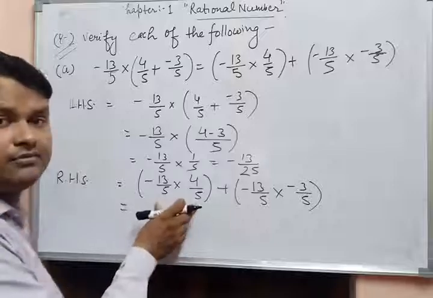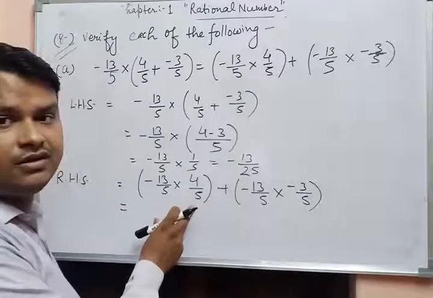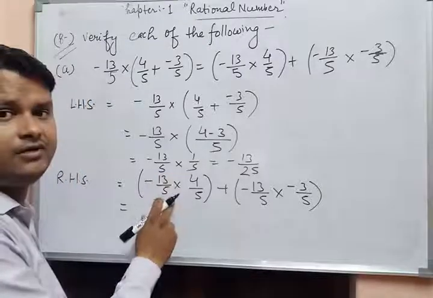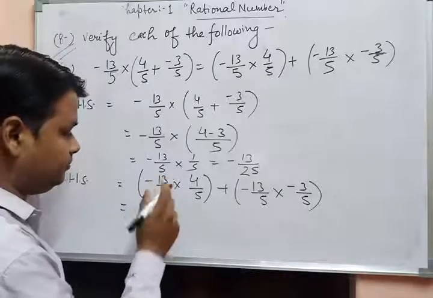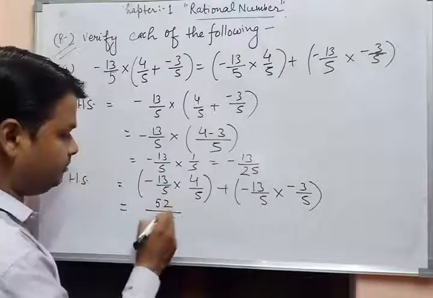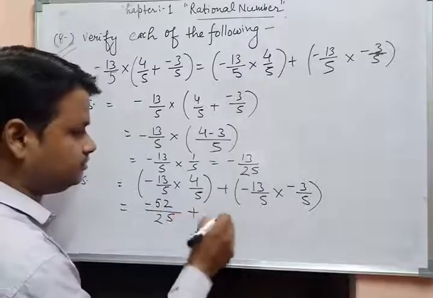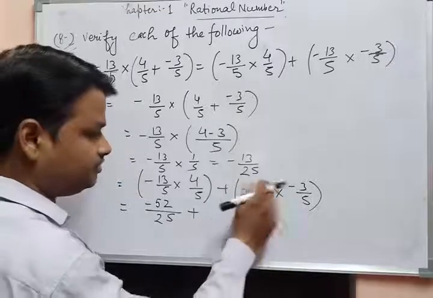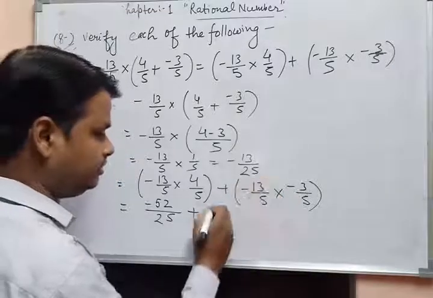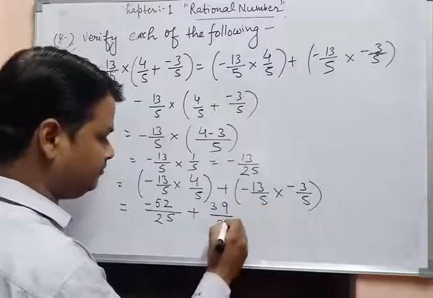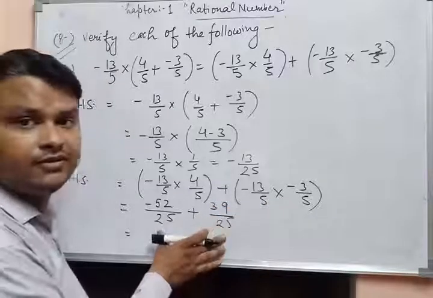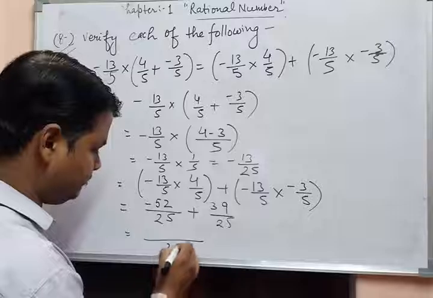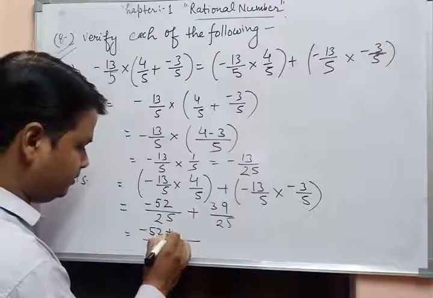No number in numerator and denominator can be cancelled, so again we multiply numerator into numerator and denominator into denominator. 13 times 4 is 52 and 5 times 5 is 25, plus here we also multiply 13 times 3, minus into minus is plus, so 39 upon 25. Here we have the same denominator, 25, and minus 52 plus 39.